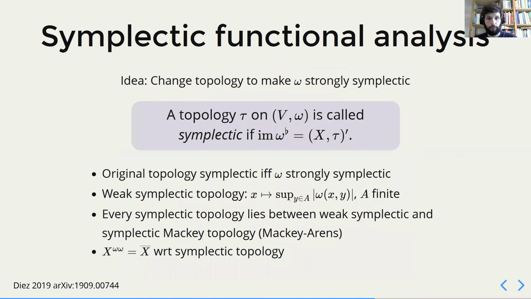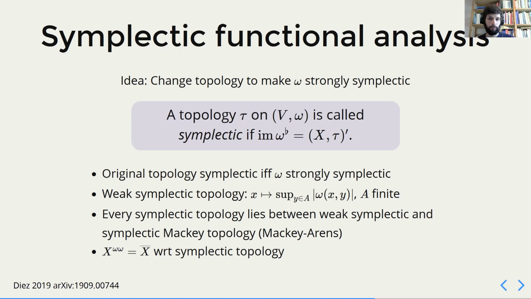And the first one is what I like to call symplectic functional analysis, where we can apply some of the ideas that are well established from the theory of dual pairs to the symplectic world. And the idea is that if you have a weakly symplectic form, we change just the topology on our vector space that we started with to make omega strongly symplectic.